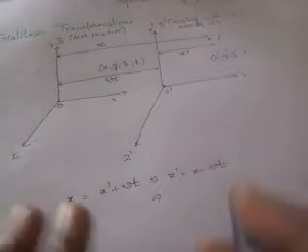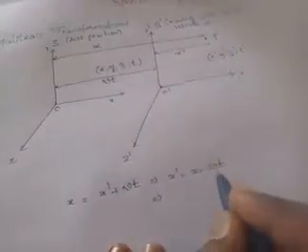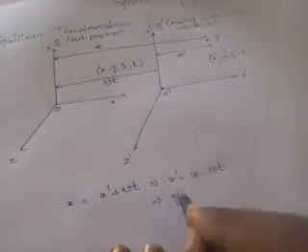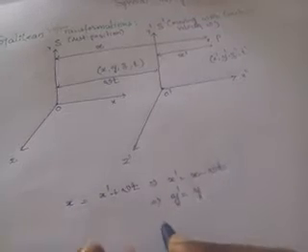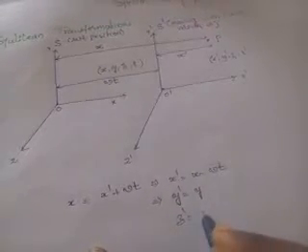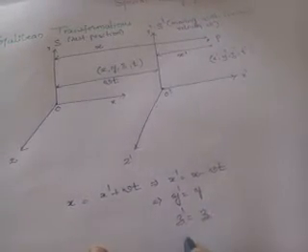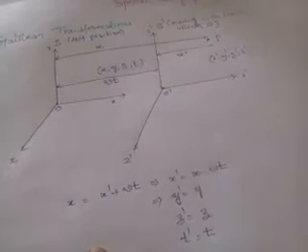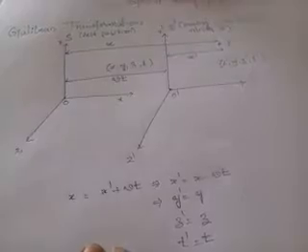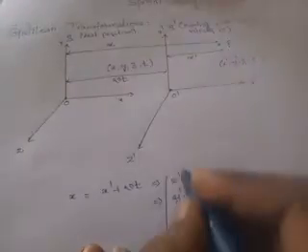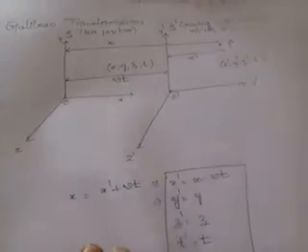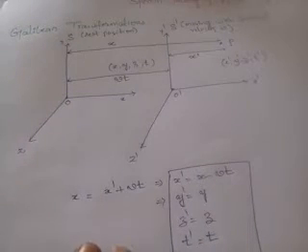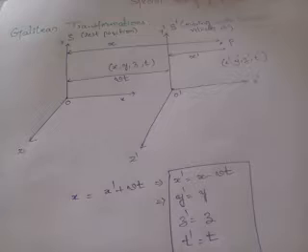Therefore, x dash is equal to x minus vt, y dash remains the same as y, z dash remains the same as z, and t dash can also be written as t. These four equations are called Galilean transformation equations.